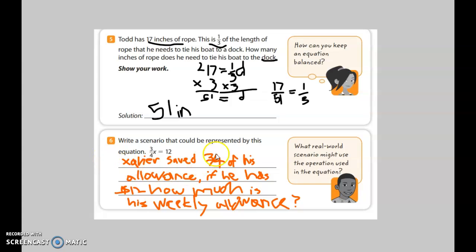So, as you can see, the 3/4 would be represented right here. The 12 is how much he has saved, and x, the variable that you'd be solving for, would be how much he makes a week, or how much he gets a week for his allowance.